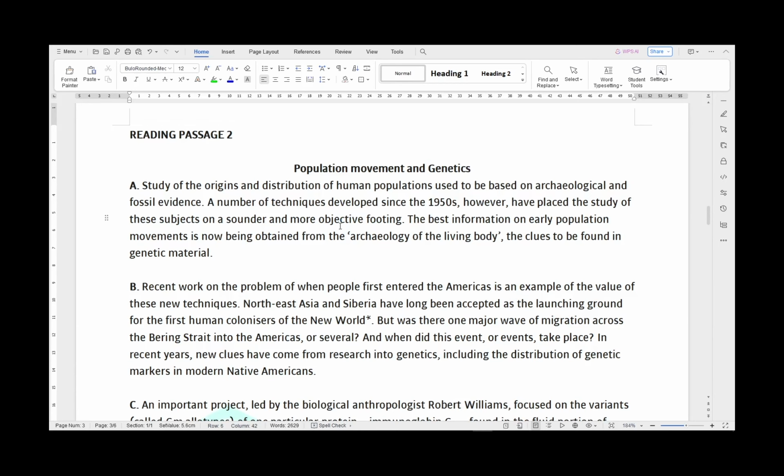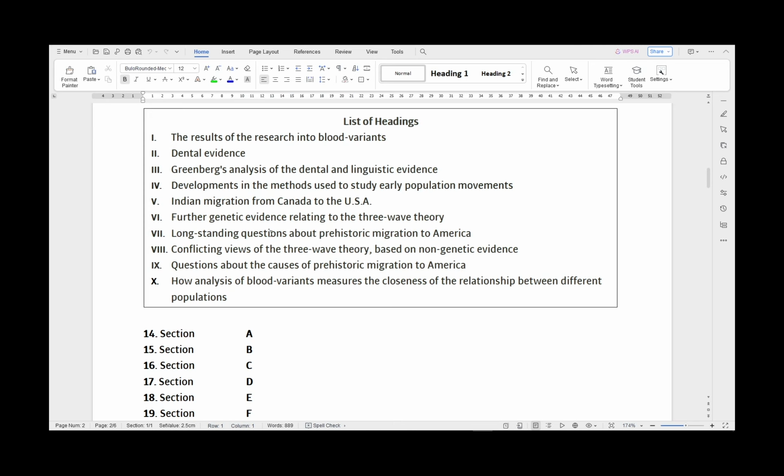I believe it's going to talk about something related to the Americas, and how the population of America arrived, how did they arrive and stuff like that. So, okay, we have the results of the research into blood variants, we have dental evidence, we have Greenberg's analysis of the dental and linguistic evidence, we have developments in the methods used to study early population movements, Indian migration from Canada to the USA, further genetic evidence related to the three-wave theory, long-standing questions about prehistoric migration to America, conflicting views.